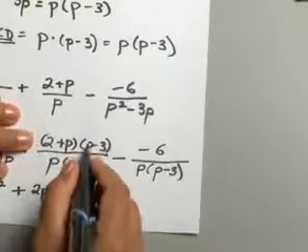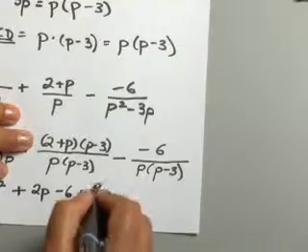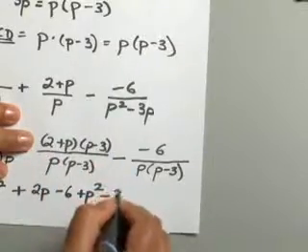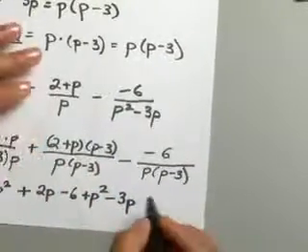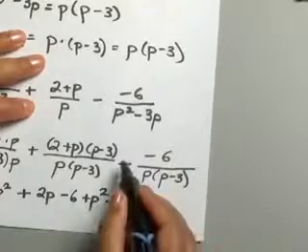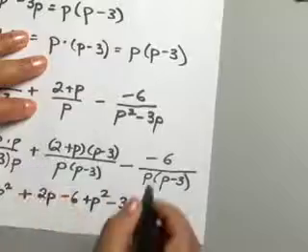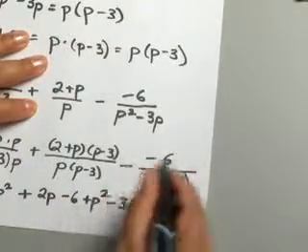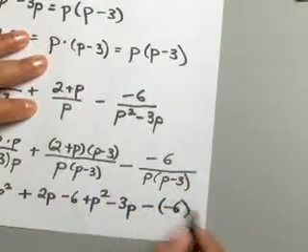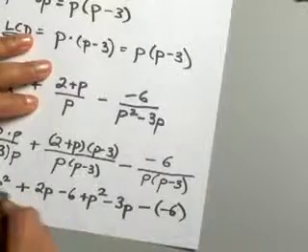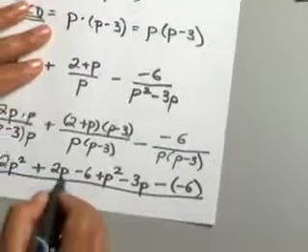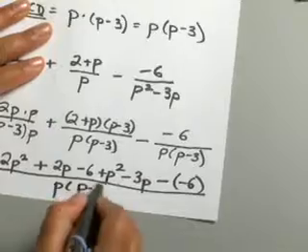Then you multiply p times p, which will give us p squared, and then p times negative 3. And of course, we didn't have to multiply this anywhere, but remember, you have this negative sign in the middle. So you will have to put the negative sign from here, and then this numerator, negative 6 in parentheses. And this whole thing over our common denominator. Okay?